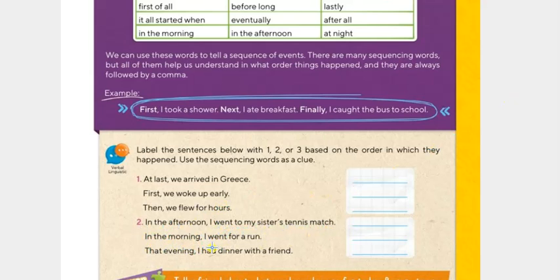In the morning, I went for a run. That evening, I had dinner with a friend. So, number 1, according to the sequencing words, we have right here, right? That would be number 1. In the morning, I went for a run. What happened next?